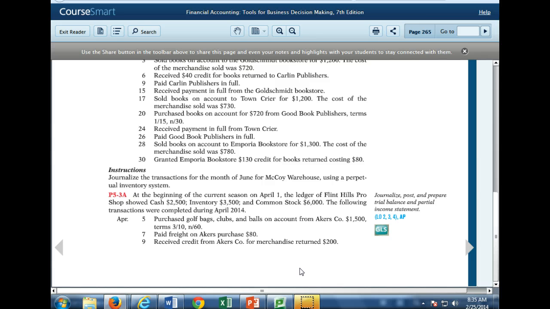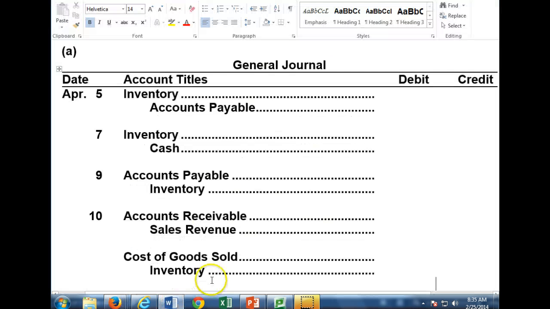No. Why not? We haven't paid it yet. Good, guys. So what are we going to do here, Avery, as far as how we record this transaction? Inventory is going to go up 1,500 and our accounts payable will go up 1,500.